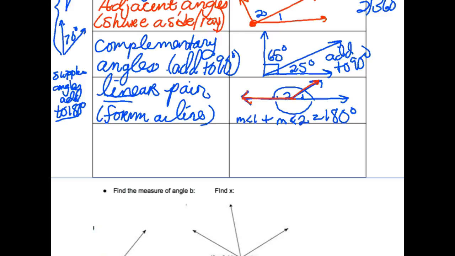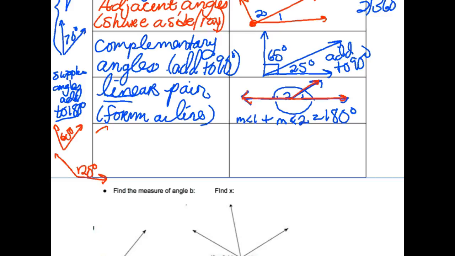Again, supplementary angles need not be. They could be separated. I could say, here's an angle that's 60 degrees. Here's an angle that's 120 degrees. And I don't have them butting up against each other forming a line, but they are supplementary. So supplementary angles add to 180. Linear pairs are adjacent, forming a line, and add to 180.